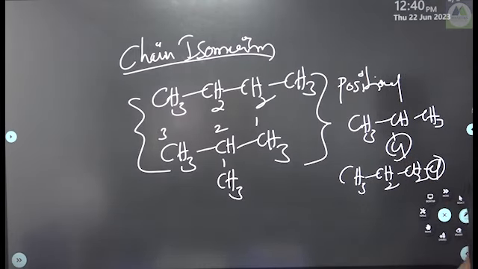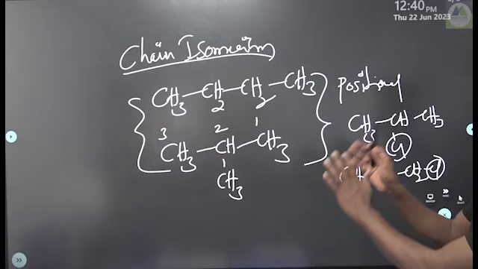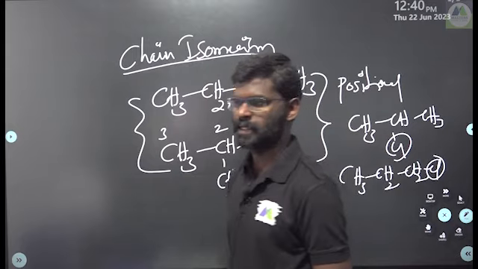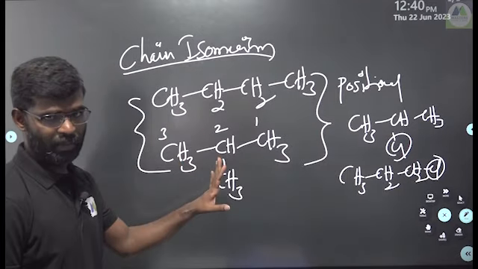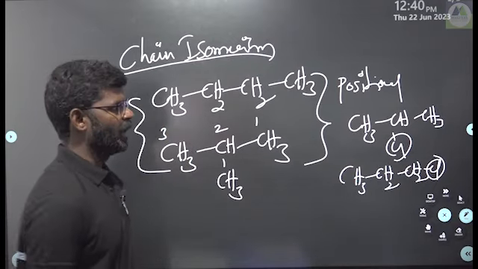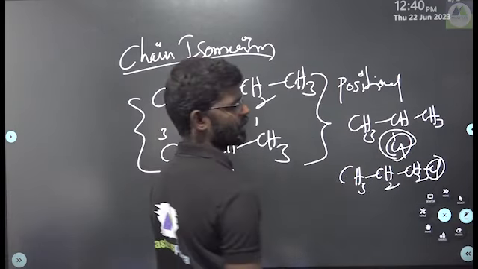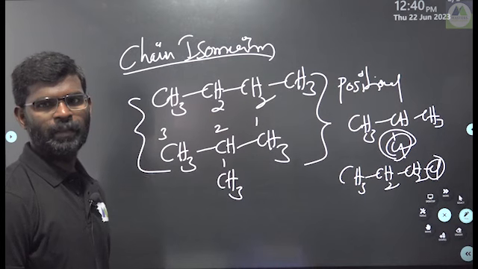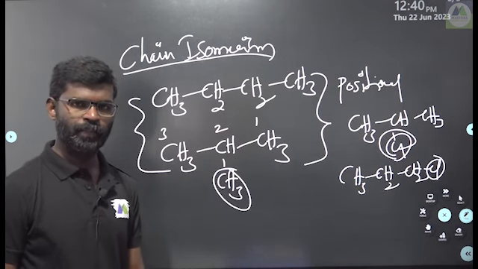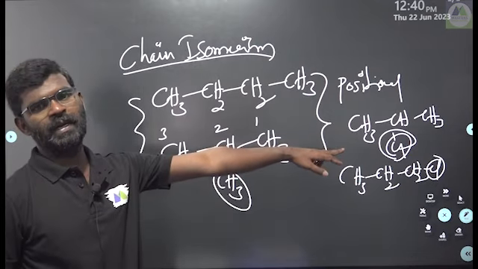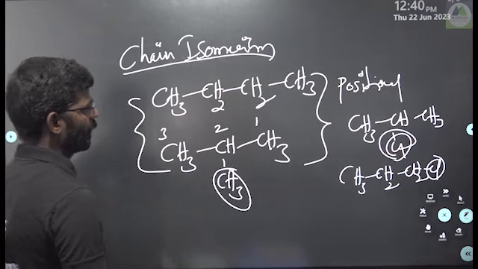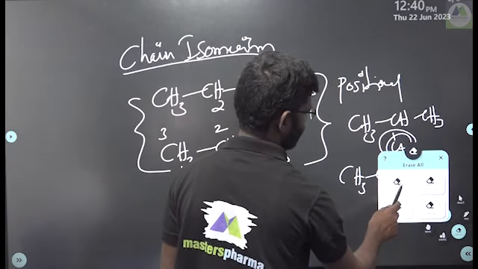So there is confusion between chain isomerism and positional isomerism. In chain isomerism, exclusively the carbon chain is involved. In positional isomerism, the substituent is more important and plays an important role. Here the substituent is also a carbon-containing group.